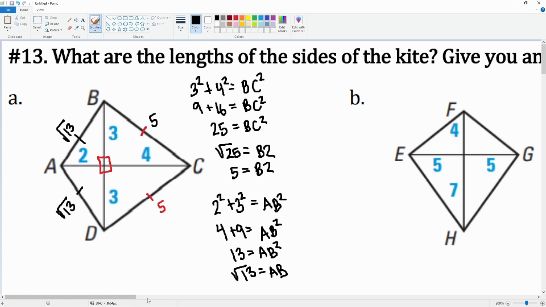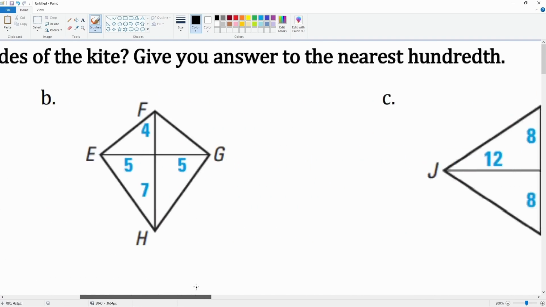Let's look at now B. Same process here. We know that line EF is congruent to line EF. FG is congruent to line FE. Line EH is congruent to line GH.